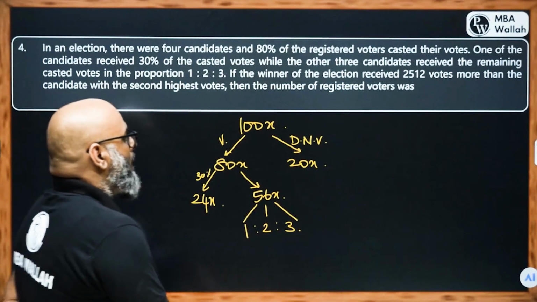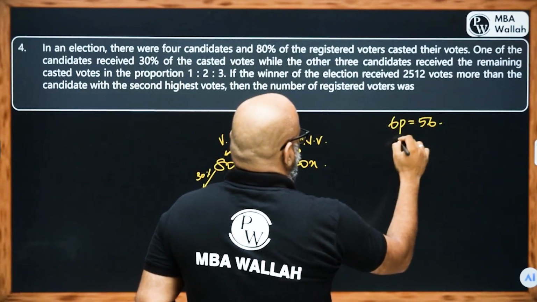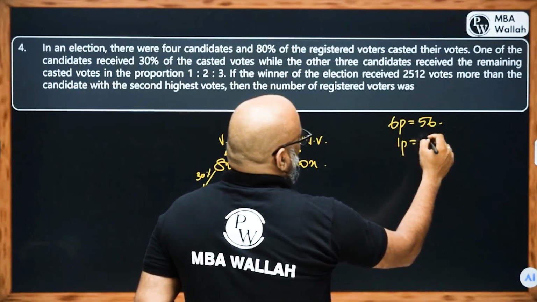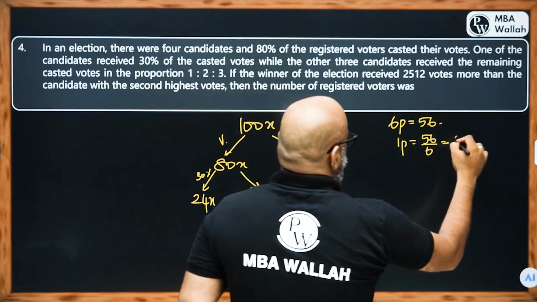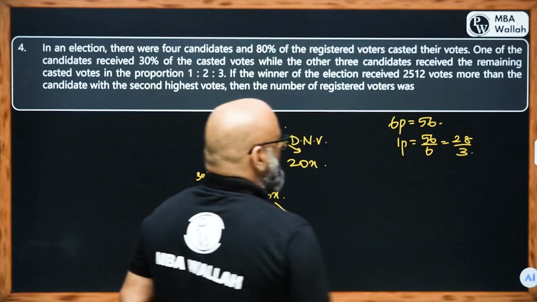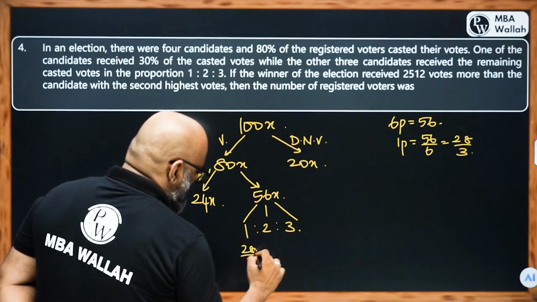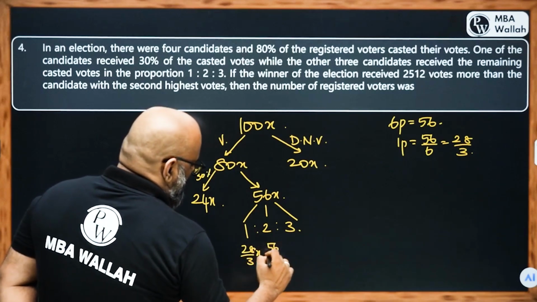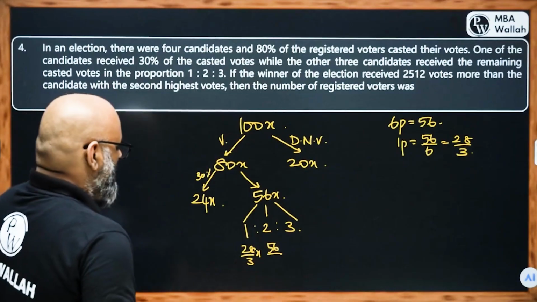So I can say 6 parts is equal to 56x. 1 part is equal to 56 divided by 6, 28 by 3. So 1 part, this is 28 by 3x, 56 by 3x.